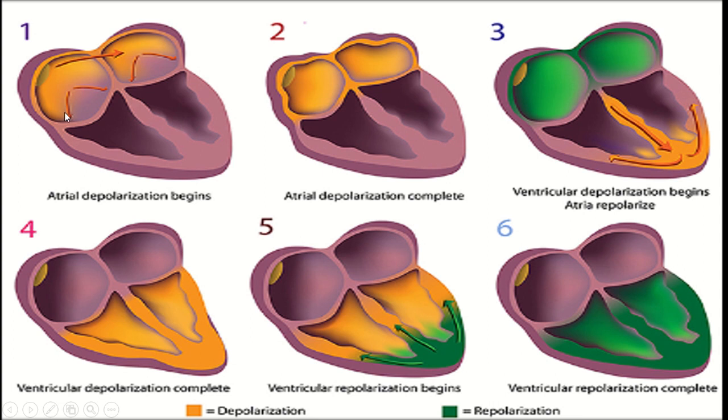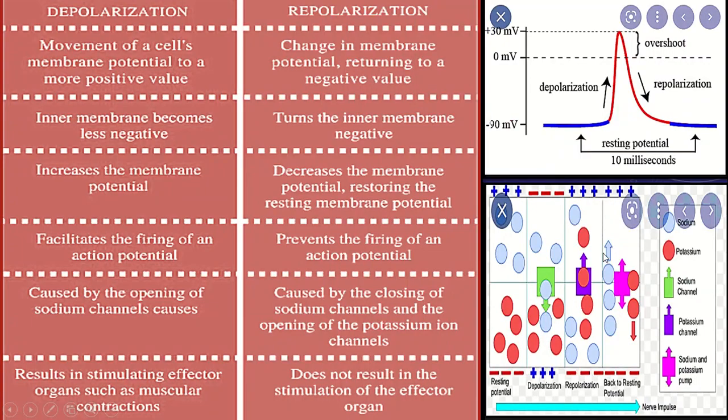Only the atria contract, and after they relax, the ventricles begin to contract, and when the ventricles relax, the atria contract again. This is a cyclic process. Here you will see the difference between depolarization and repolarization. I'm giving just an introduction, because hereafter we are going to see depolarization and repolarization in detail.